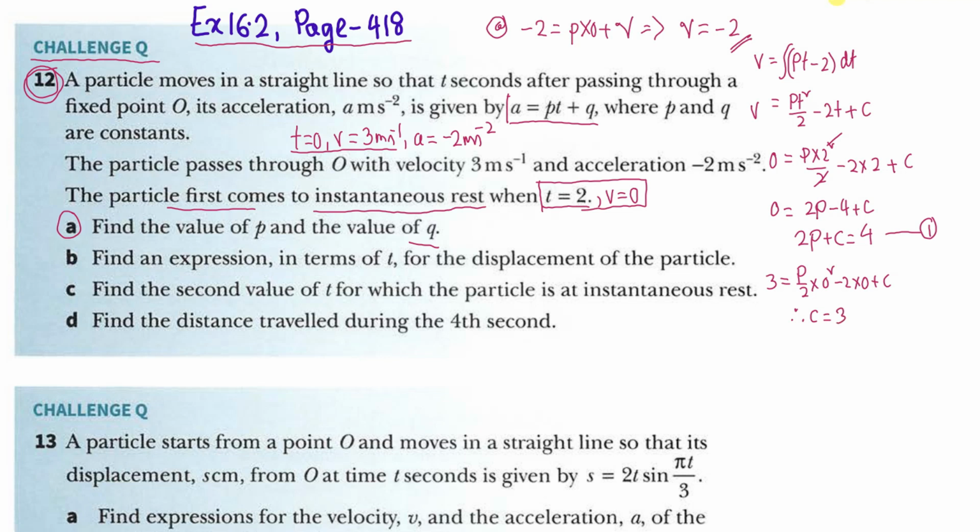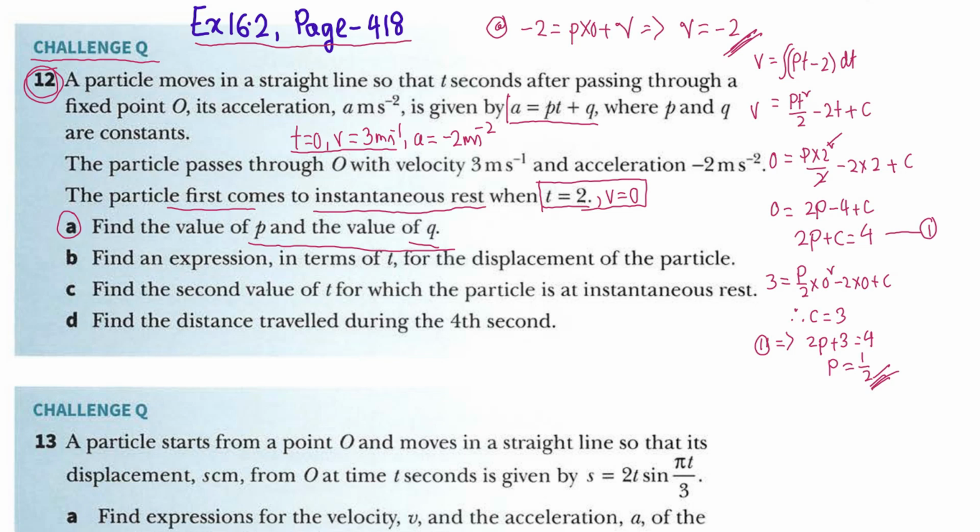If we put this value into equation 1, we get 2p + 3 = 4, so p = 1/2. So we got the two values, and we have done the first part. They were asking for p and q, so the q value is here and the p value is here.